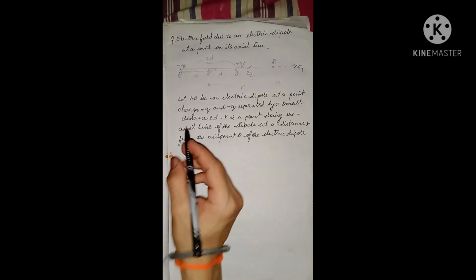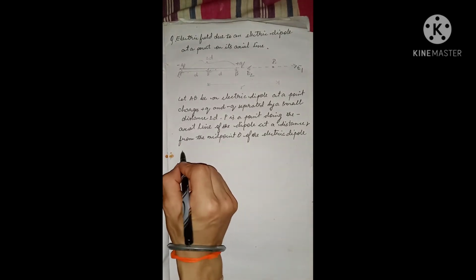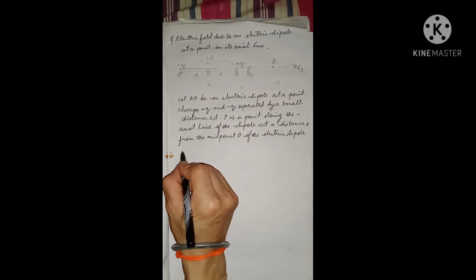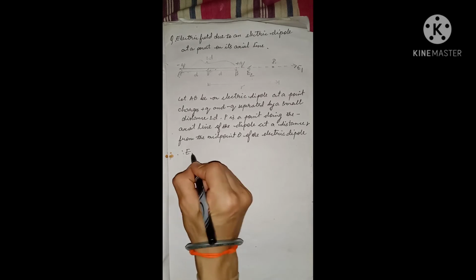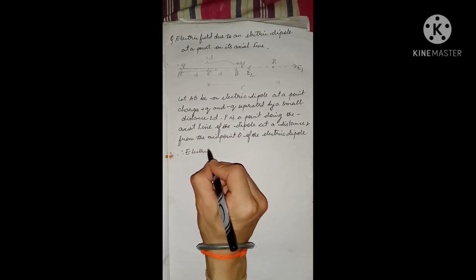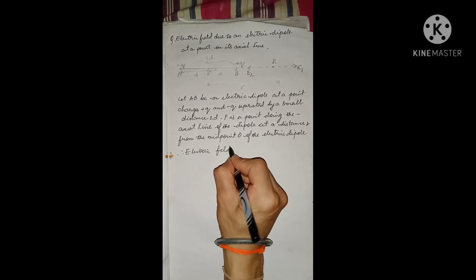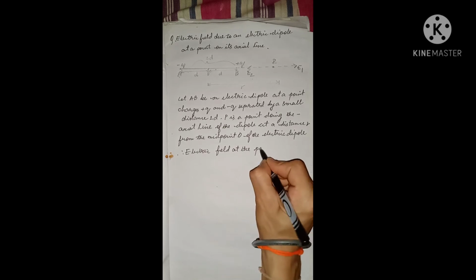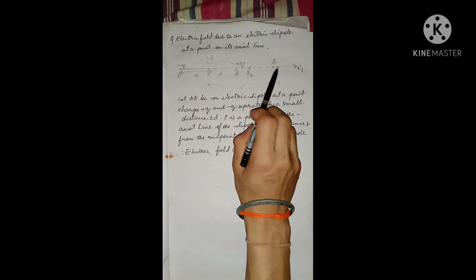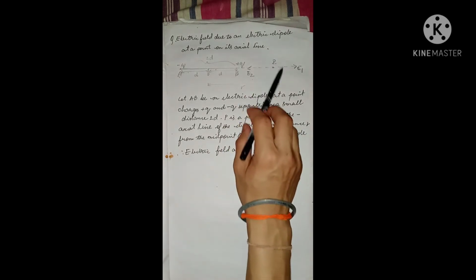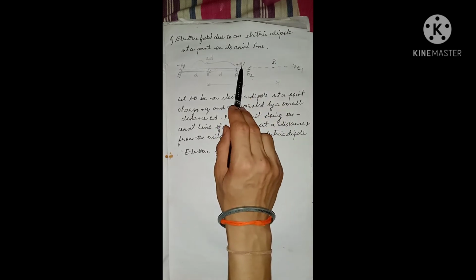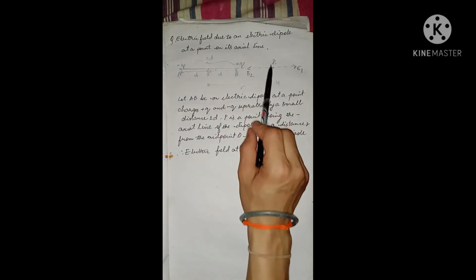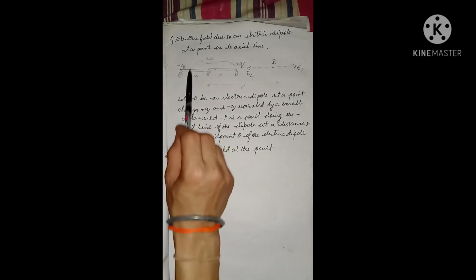Now the consideration part is done. Now we need to prove. To prove, we need to write like this. Therefore, the electric field at the point P. Now the electric field at a point P due to plus Q charge we need to find, and the electric field at a point P due to minus Q charge we need to find.